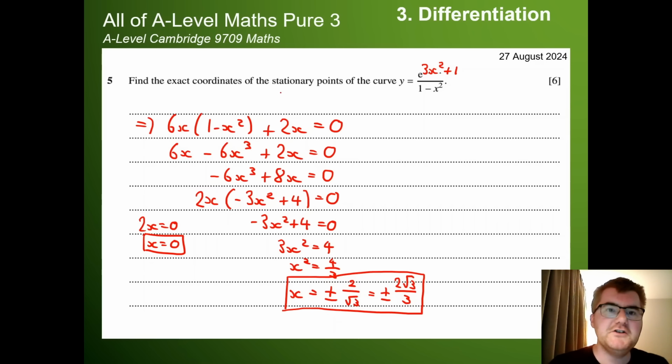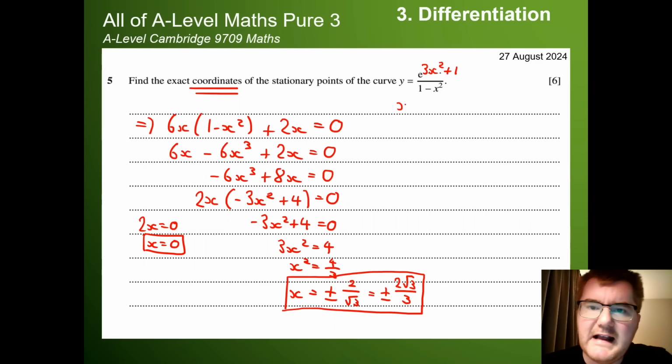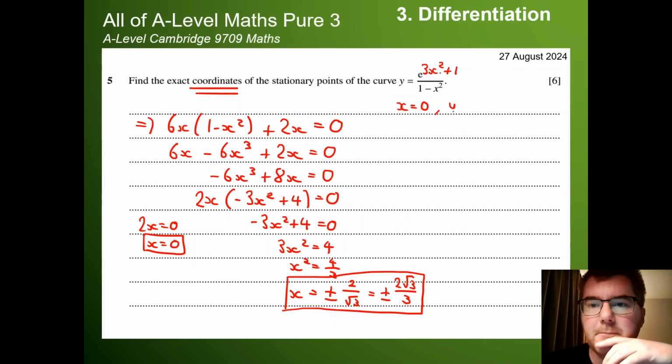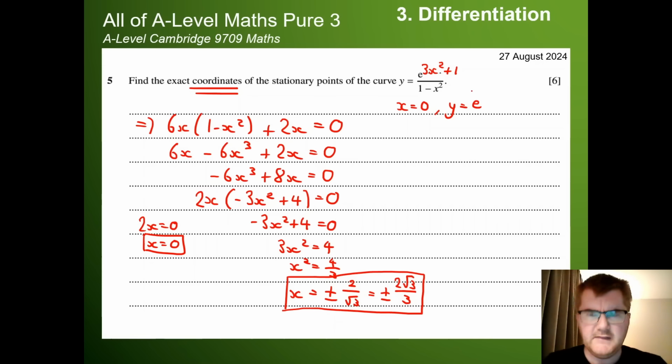However, we're not finished because we want the coordinates. So we also need to work out the y. So when x is 0, so this should make things a bit easier, y is equal to e to the power of 1.